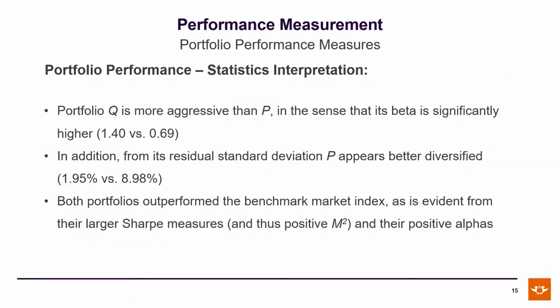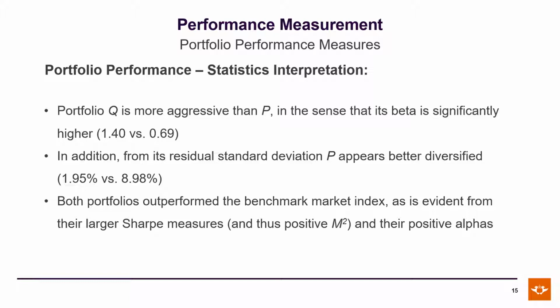So looking at the statistics from the previous table, we can draw a few conclusions about P, Q, and the market portfolio M. In looking at betas, we can actually conclude that portfolio Q is more aggressive than P. In fact, it's more aggressive than the market. And P seems to be a much more defensive sort of portfolio with a beta of 0.69, which is actually less than the market beta of 1.